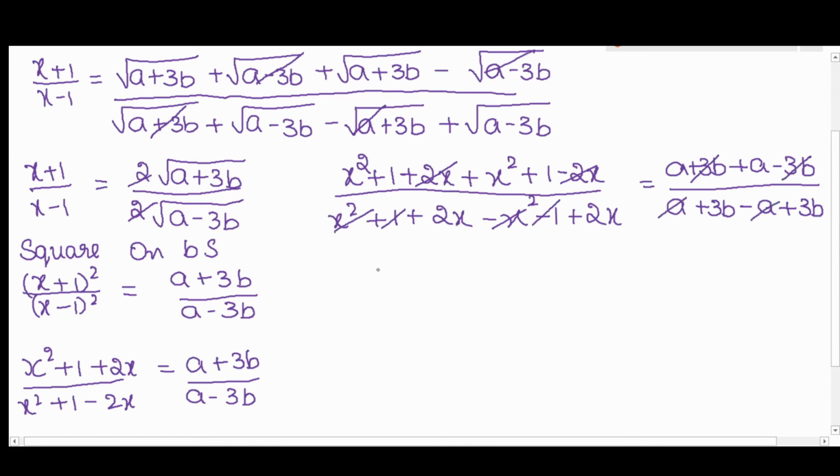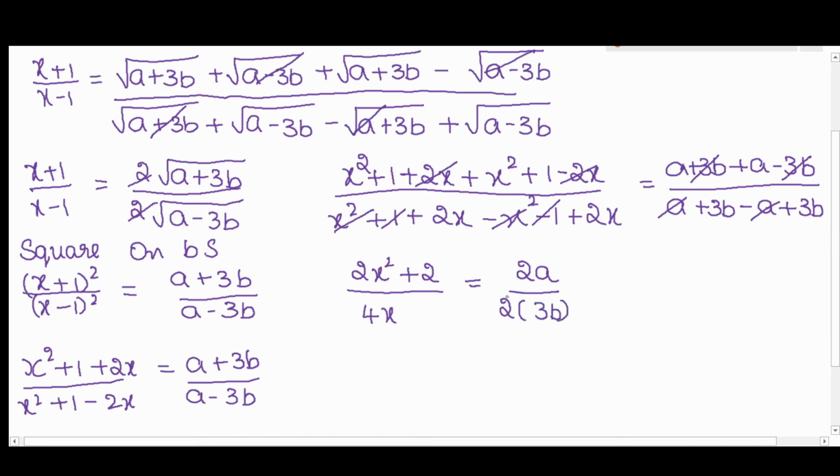Now let's write what's there. x square plus x square is 2x square, plus 2, divided by 2x plus 2x, I get 4x, which is equal to a plus a is 2a by 3b plus 3b, I'll write it as 2 into 3b.